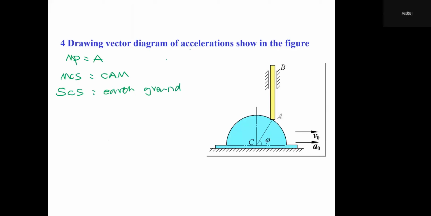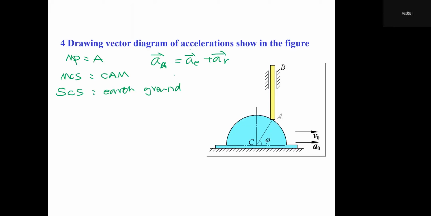So we should use a similar pattern to the theorem of composition of velocity. You should remember first that we should use the absolute acceleration. We write A equal AE plus AR, right?